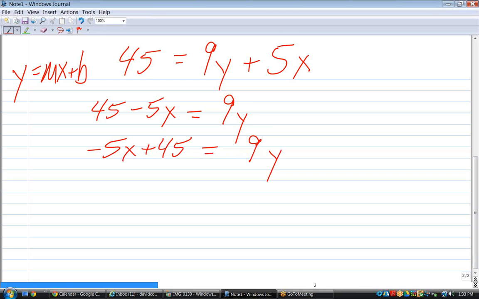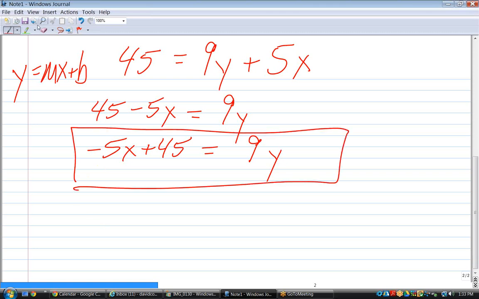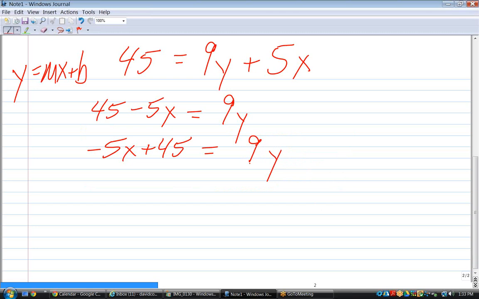You could divide 9y and 45 by 9. Yes. In other words, we're trying to isolate the y, so we have to get rid of anything that's around it. And I do that by dividing both sides by 9. Now, when I divide both sides by 9, I can write it like that, or I can do it like this.